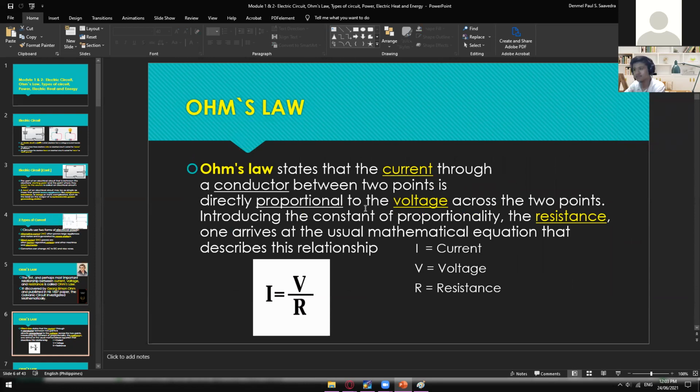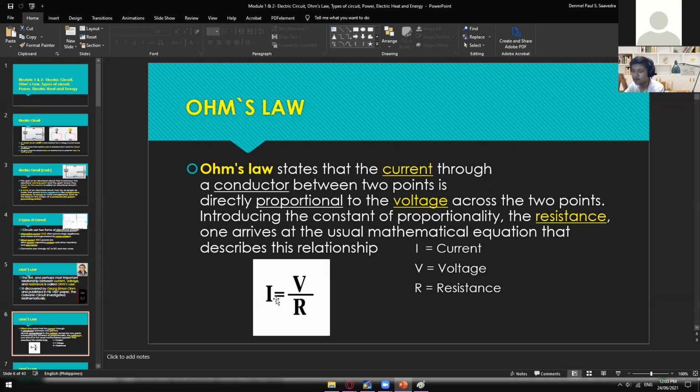main definition, or the exact formula that we're talking about when it comes to Ohm's law. So Ohm's law states that the current through a conductor between 2 points is directly proportional to the voltage across the 2 points. Okay, introducing the constant of proportionality, the resistance, one arrives at the usual mathematical equation that describes this relationship.